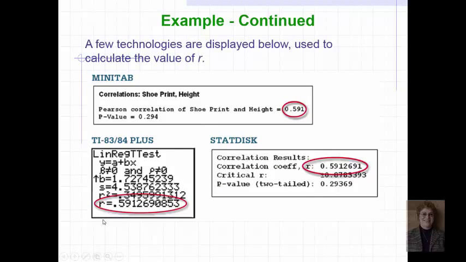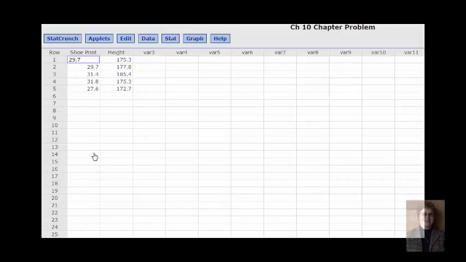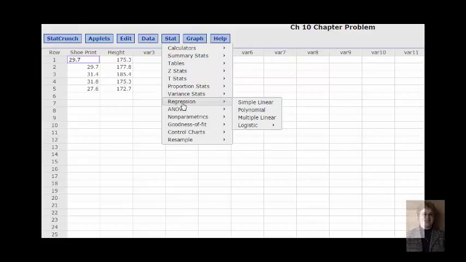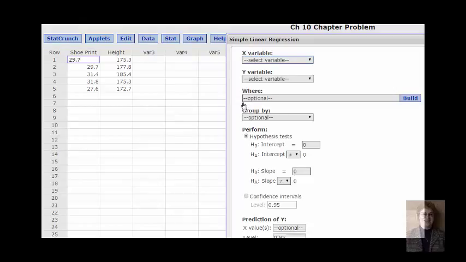or with a TI-83 or 84 Plus. I want to pause now and look at how we would do this with StatCrunch. Here you can see that I entered the data. I'm simply going to go to Stat, then Regression, Simple Linear. Where's my X value?